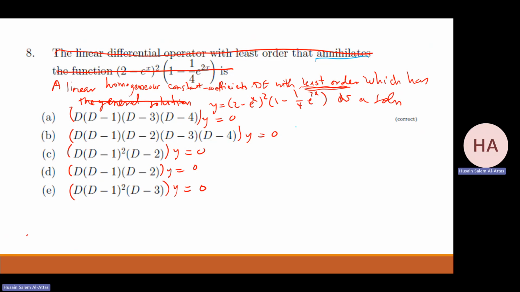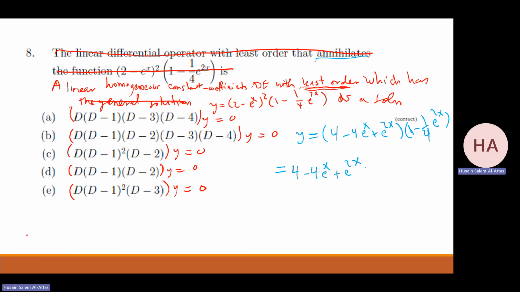Okay, so I have y. I need to simplify it first. I have 4 minus 4e^x plus e^x times 1 minus 1 over 4 e^x. Now let me do the multiplication. That will be 4 minus 4e^x plus e^x.